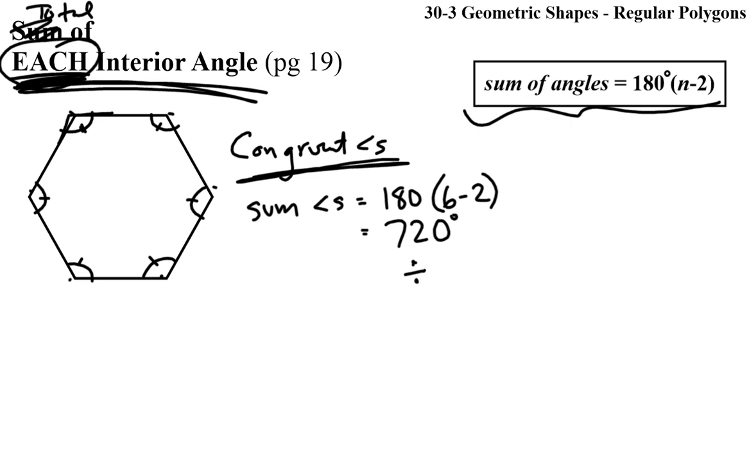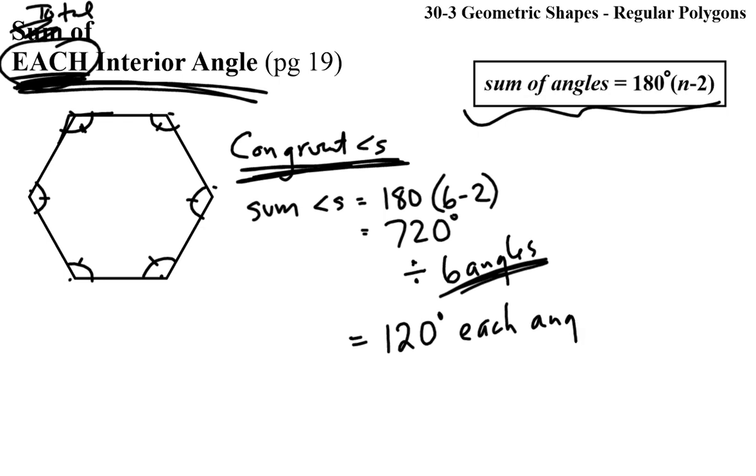Divide by the 6 angles. And it should divide evenly because they're congruent. That's the whole key. So 720 divided by 6, which I got to do the math, 120 degrees each angle. And there you go.